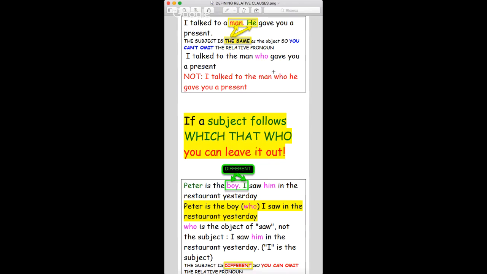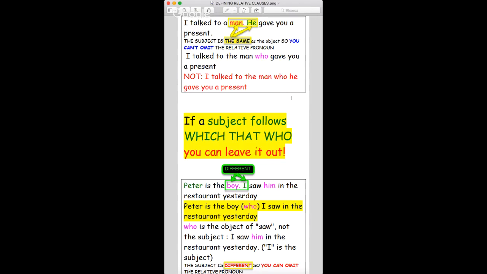non-defining relative clauses are the ones where you give extra information. Instead of just saying he's the man, or let's go back to Peter. Instead of just saying Peter is the boy I saw in the restaurant yesterday, I could say Peter is the boy who is very young, working in the restaurant, and I saw him yesterday.